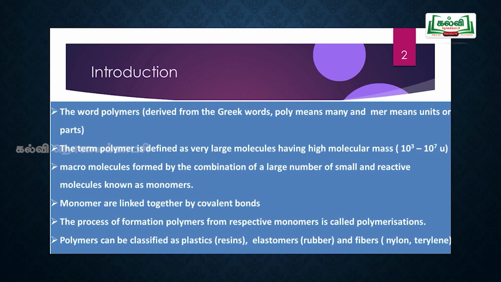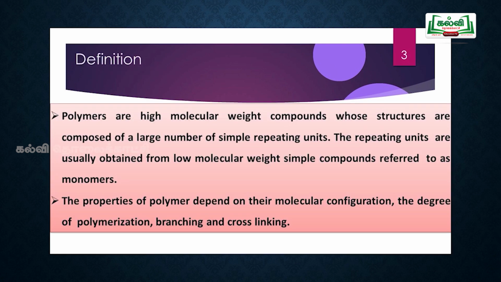The polymers are classified into 4 categories: plastics, elastomers, fibers, and resins. Plastics is nothing but resin, elastomer is nothing but rubber, fibers are nothing but nylon and terylene. What is a polymer? A polymer is a compound having high molecular weight whose structure is composed of a large number of simple repeating units.